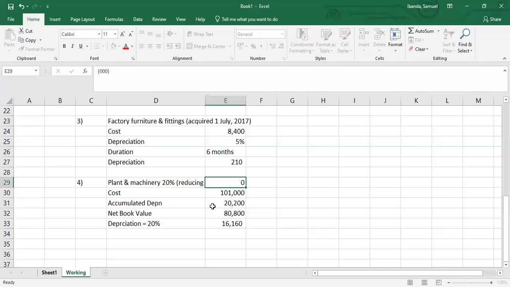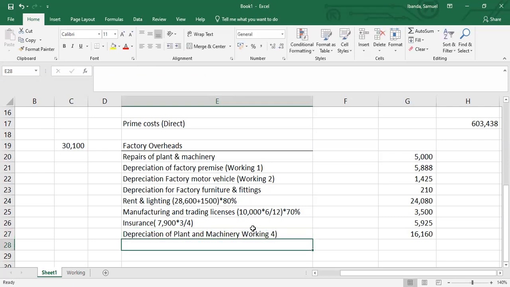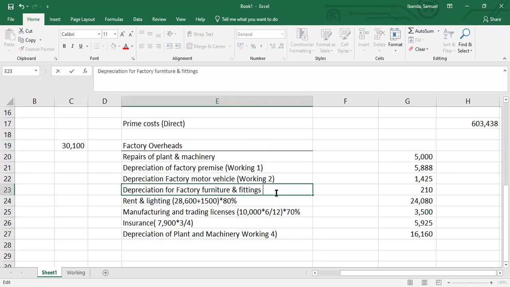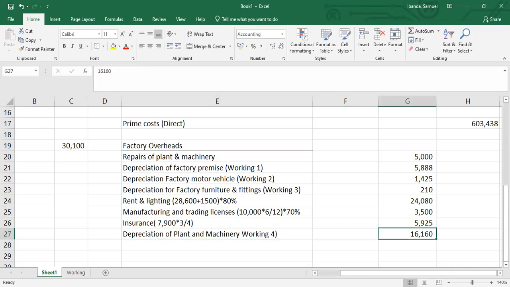Even when I'm directing the examiner, I'll tell them this is working for. I think this was working 3. I didn't want to miss it. That is working 3. So mine is just to confirm that I have not left out anything.